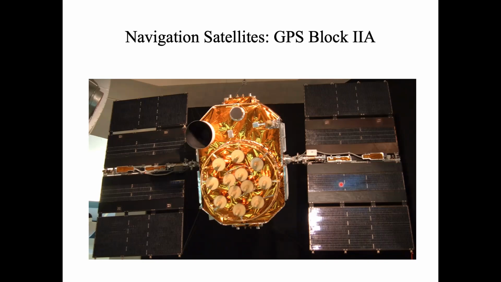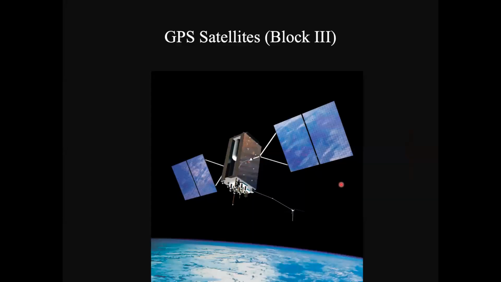They are divided in blocks. This is a block 2A on display at a museum in San Diego. This is the last generation of GPS satellites. The concept is the same. Solar panels, array of antennas with given antenna patterns, and the payload is inside.